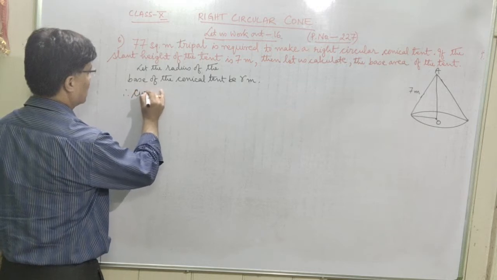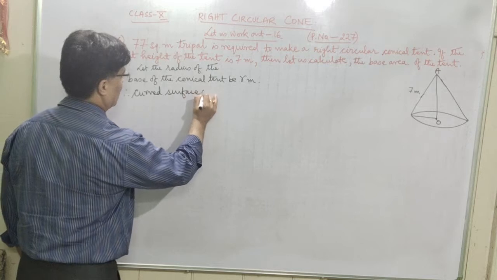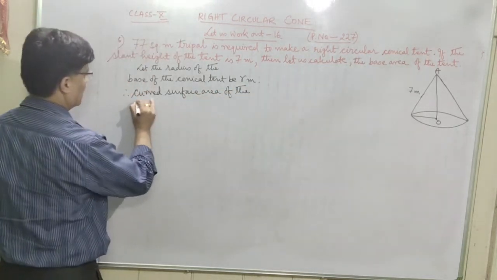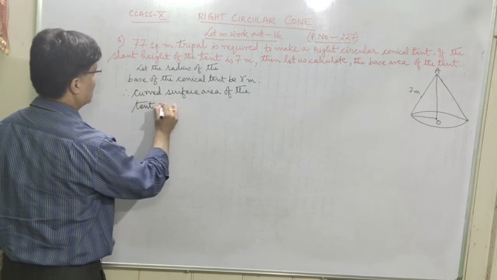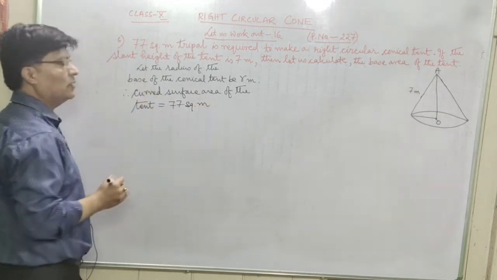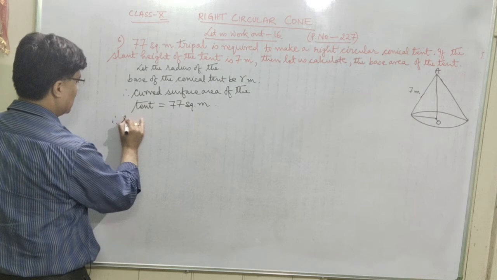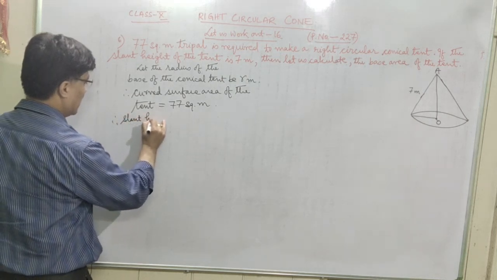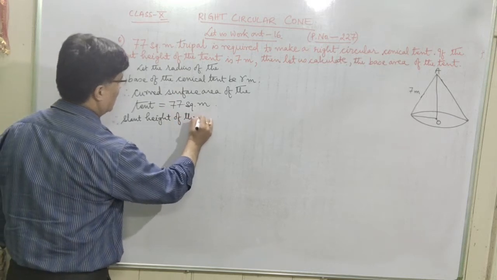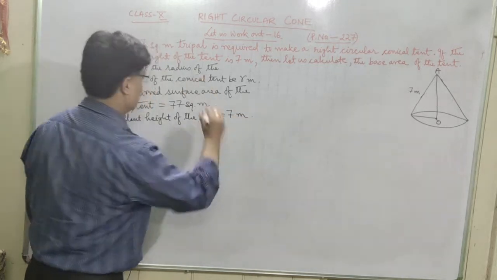Now what is the curved surface area? Curved surface area of the tent is equal to 77 square meter. It is given in the question. Okay. Now what is the slant height of the tent? That is, slant height of the tent is equal to 7 meter.